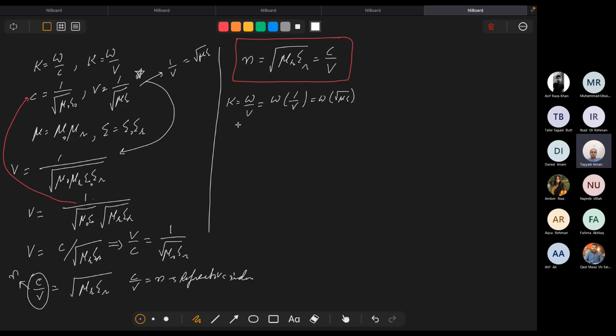in the next step, we can also write k is equal to omega, और जो आपका v है वो किसके बराबर है यहाँ पे, that is v is equal to c over n. ठीक है.